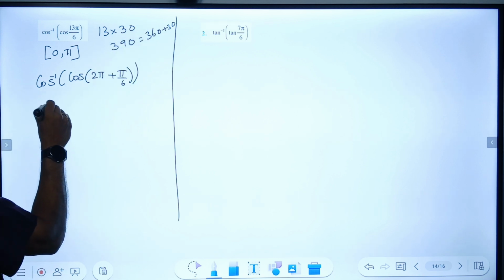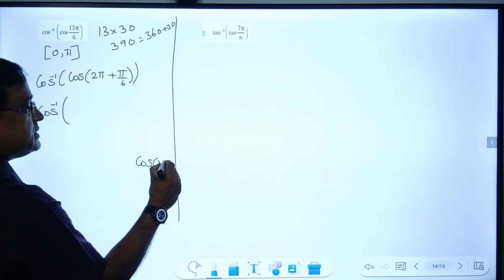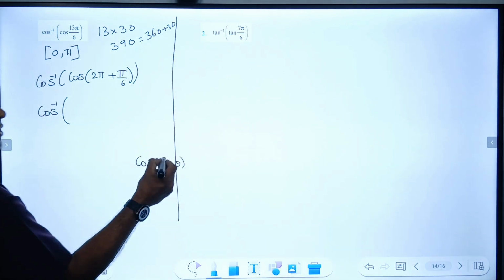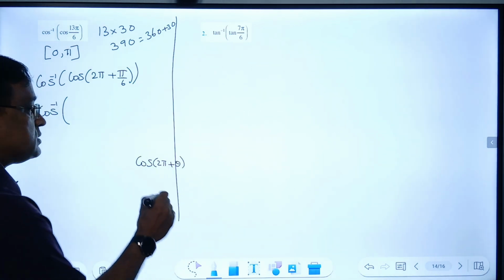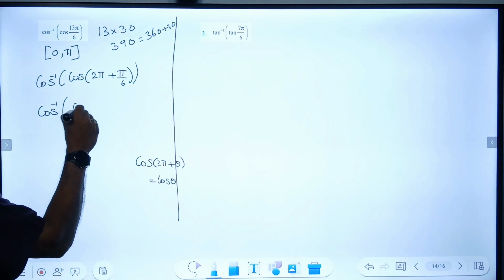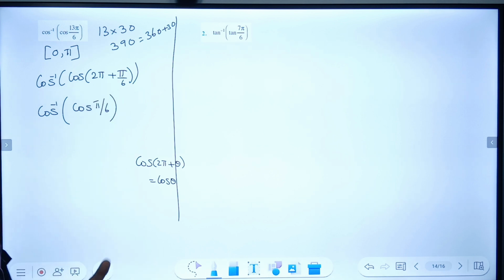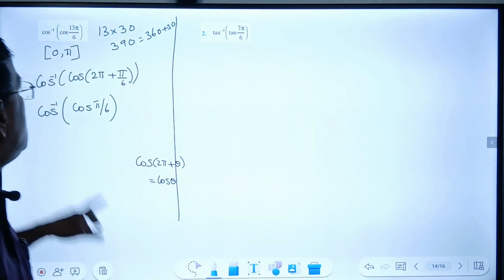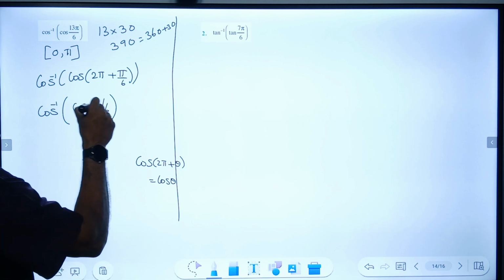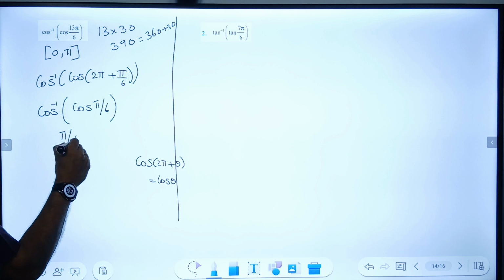So this is cos inverse of cos of 2 pi plus theta, it's in the first quadrant. In the first quadrant, cos is positive, so it is cos theta. All this you are supposed to know from class 11th. Supplementary angles and complementary functions. Now what is this? Pi by 6 is in the principal range. Therefore, the answer is pi by 6.